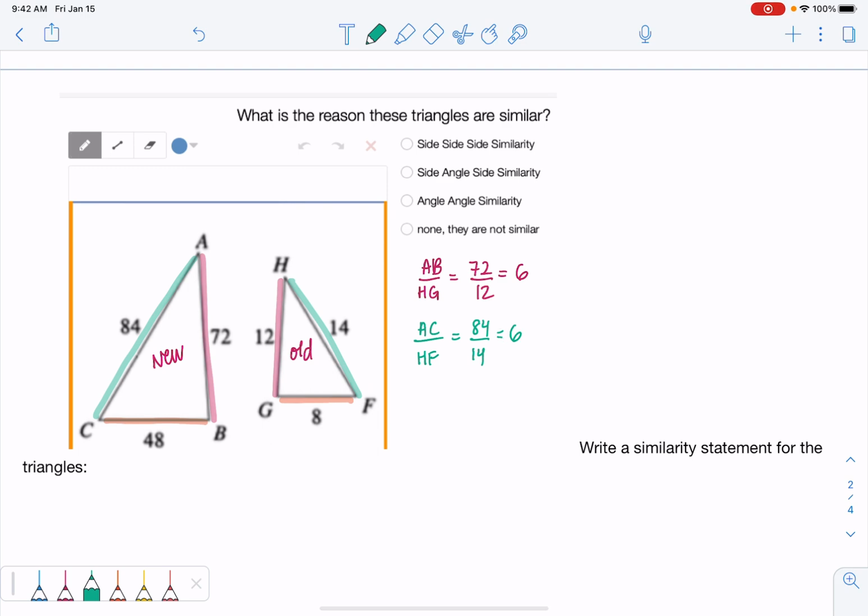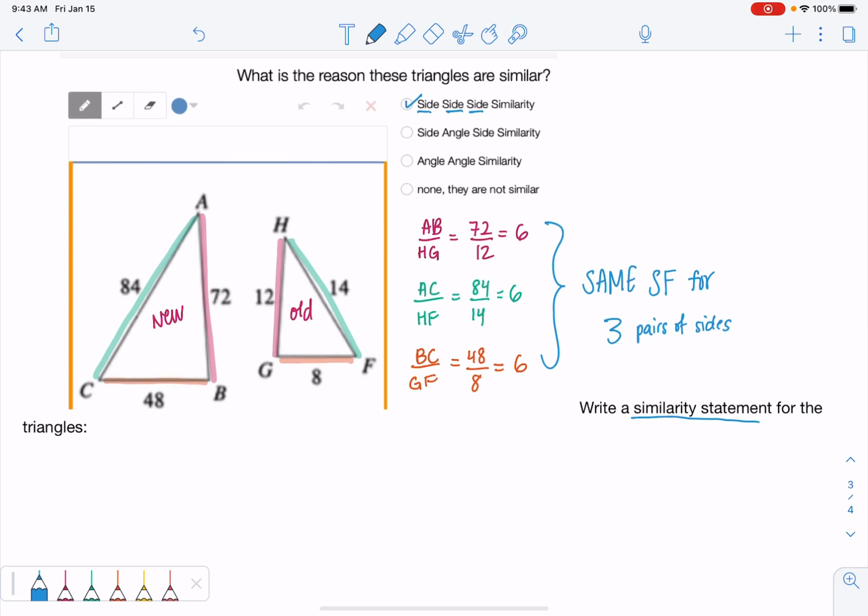That also equals 6. Last one to check. BC divided by GF equals 48 divided by 8, which also equals 6. So they have the same scale factor for 3 pairs of sides. So we have side, side, side.